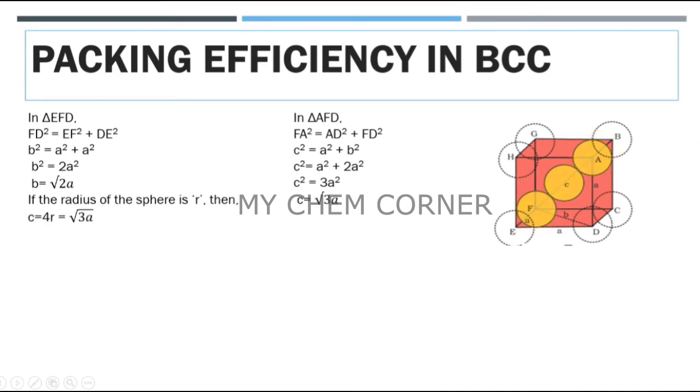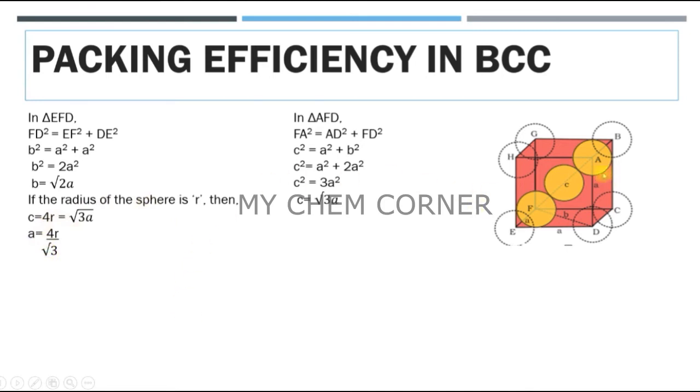So therefore C is equal to 4R. On C we have 4 radius, which is equal to root of 3A. Now when we simplify that, you will get A is equal to 4R by root 3, because we need the value for edge length. So A is equal to 4R by root 3. Now we'll keep this aside. We will be using this directly into the calculation.